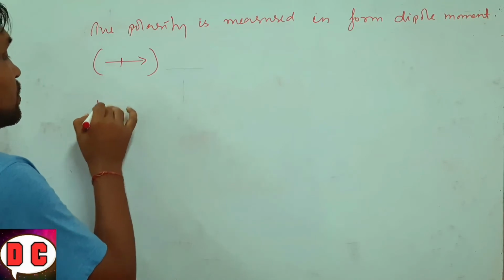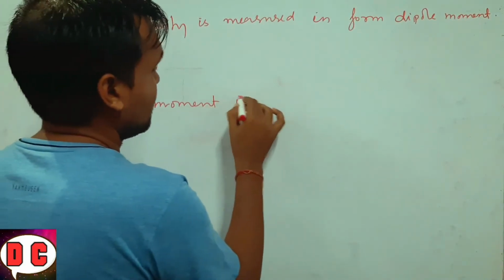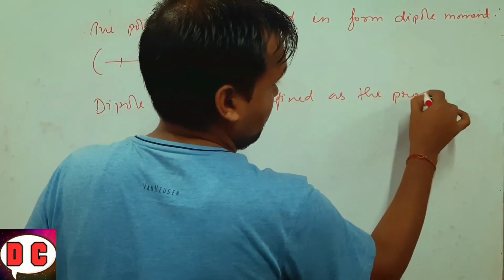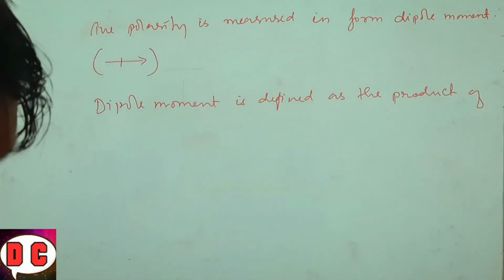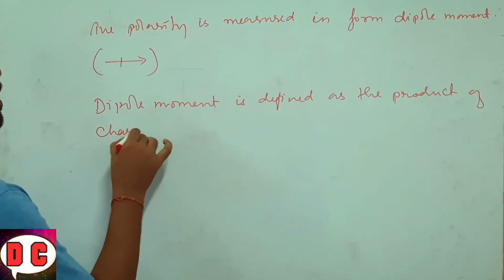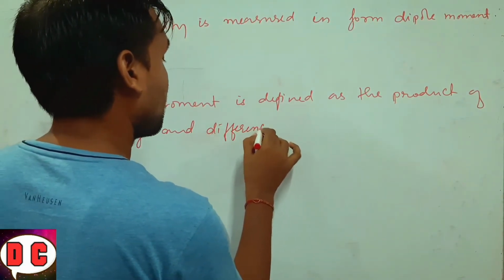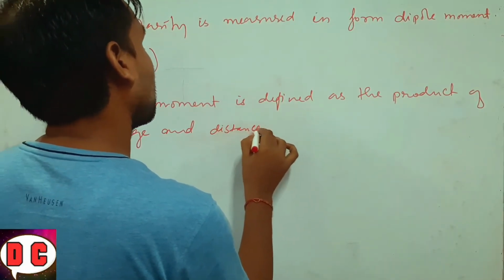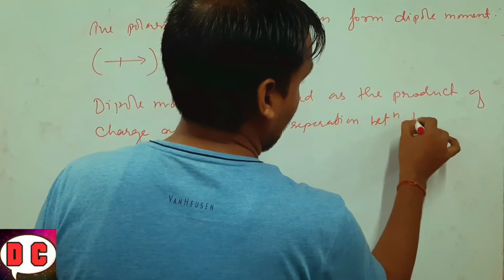Dipole moment is defined as the product of charge and the distance of separation between the charges.